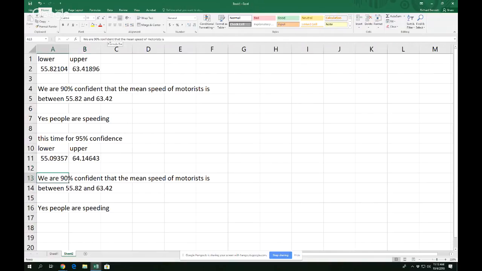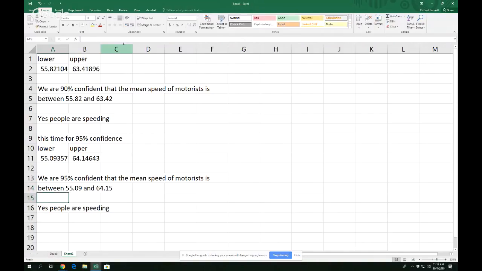So Zoe, can you help me modify this statement? It would just be, we are 95% confident that the mean speed of motorists is between 55.09 and 64.15.